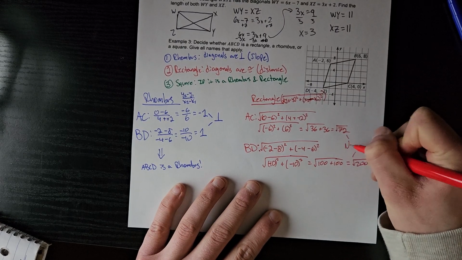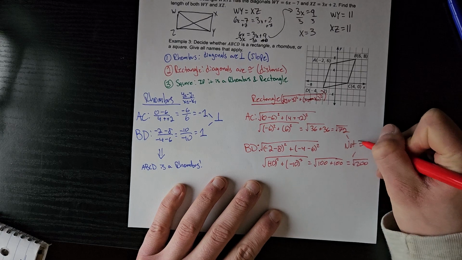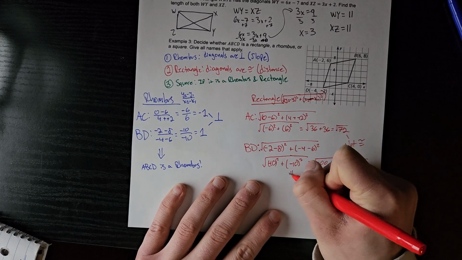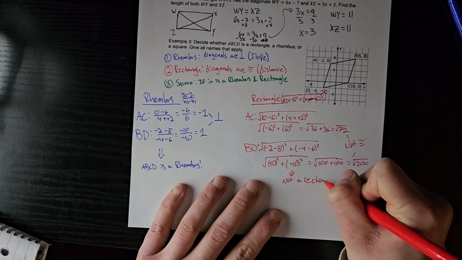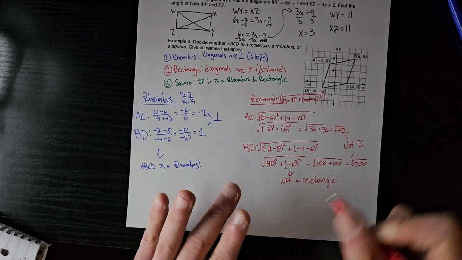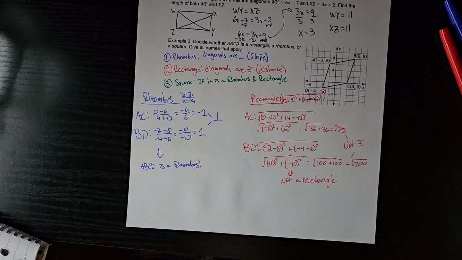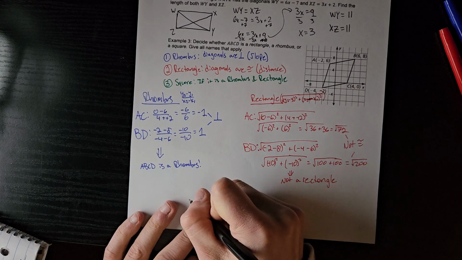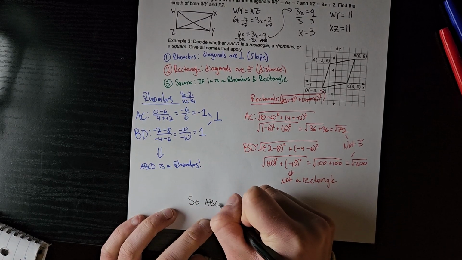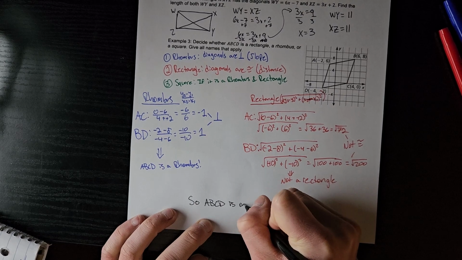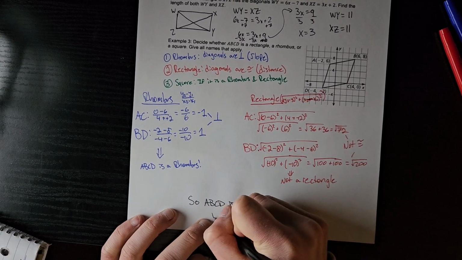These are not the same, not congruent, so not a rectangle. So that means at the end of the day, ABCD is only a rhombus.